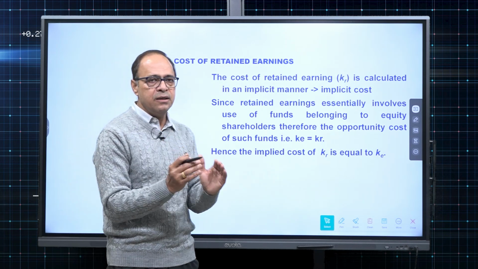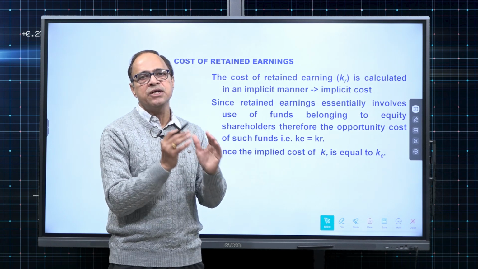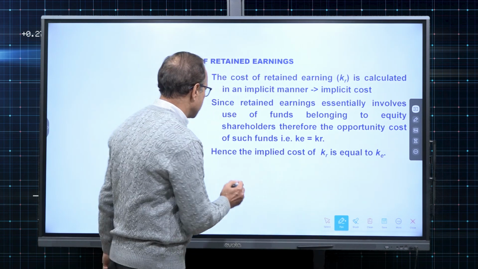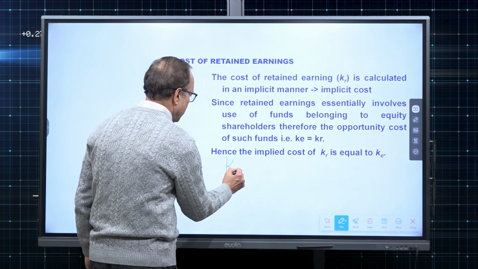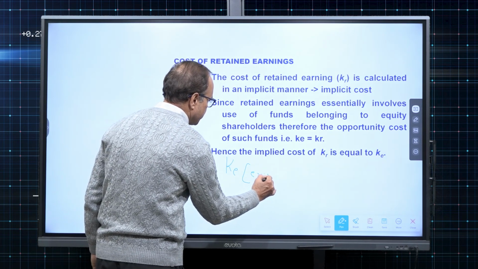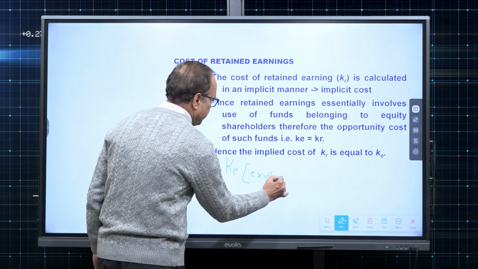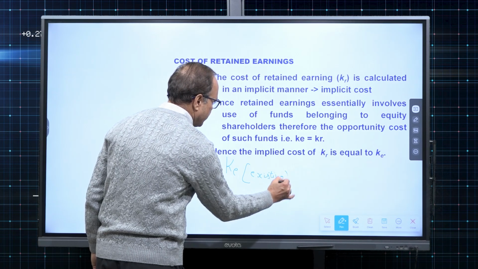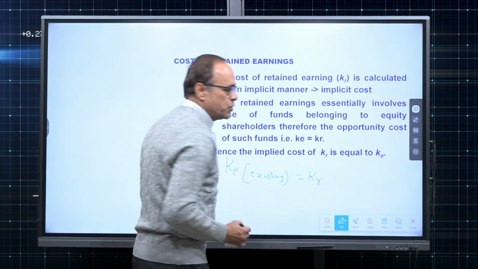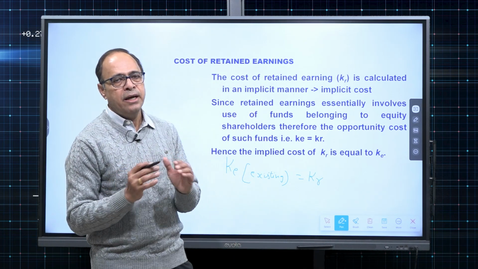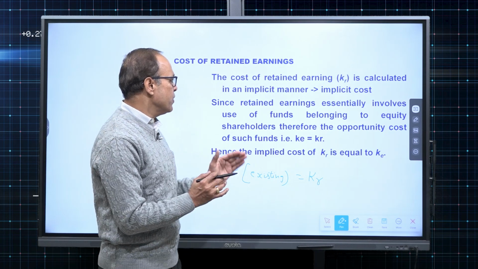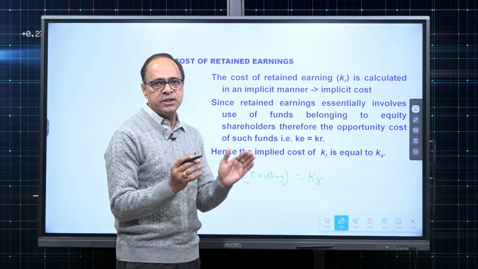Since retained earning also belongs to equity shareholders, so finally we say whatever is the cost of existing equity, same is the cost of retained earning. So, you need not put any extra formula, any extra effort to find out cost of retained earning, because ultimately retained earning belongs to equity shareholders.